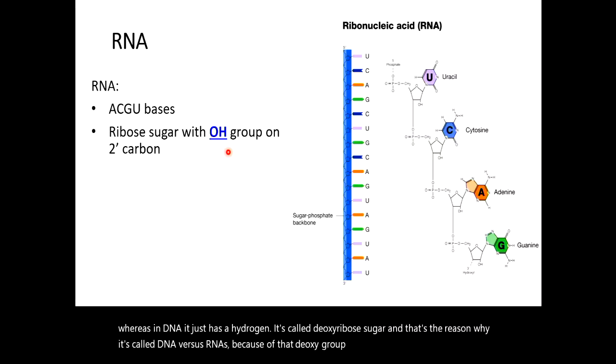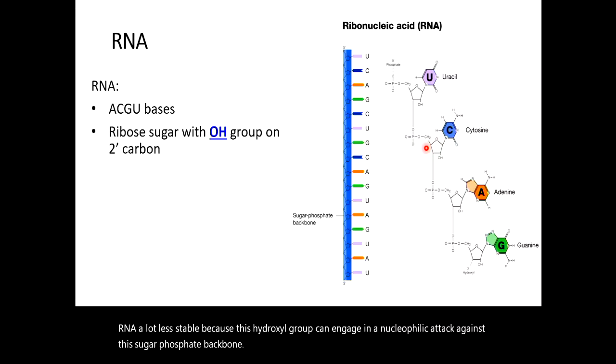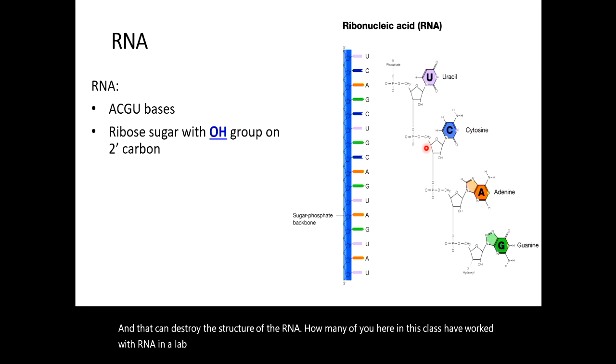And this hydroxyl group on carbon 2 makes RNA a lot less stable, because it can engage in a nucleophilic attack against the sugar phosphate backbone, and that can destroy the structure of the RNA. How many of you in this class have worked with RNA in a lab setting? Yes, okay, a couple of you.